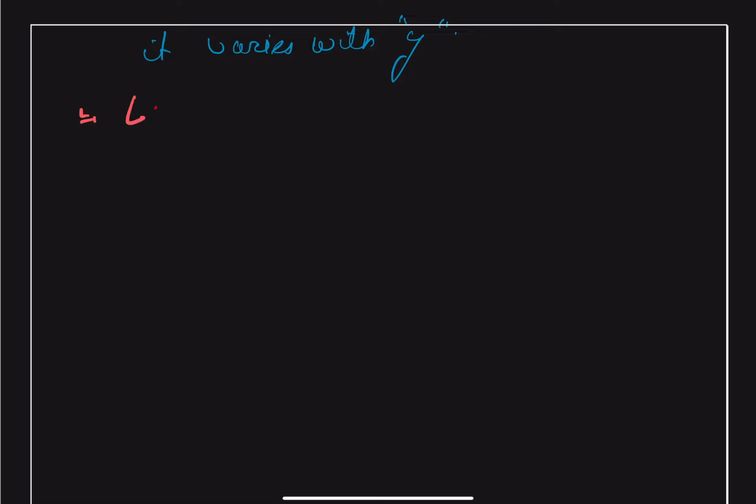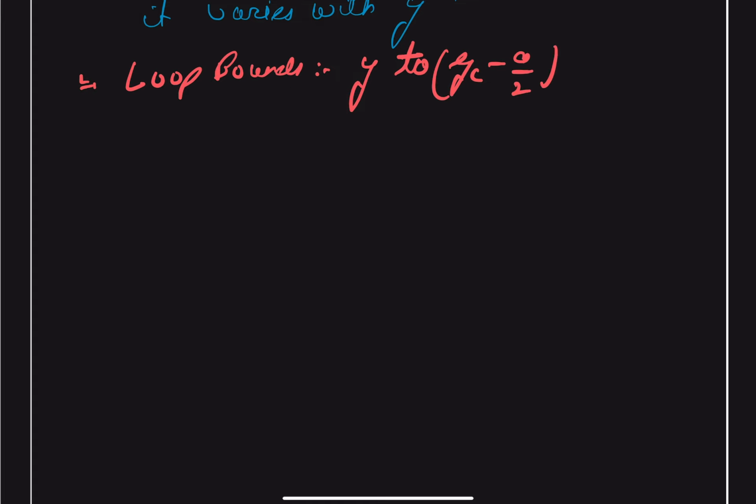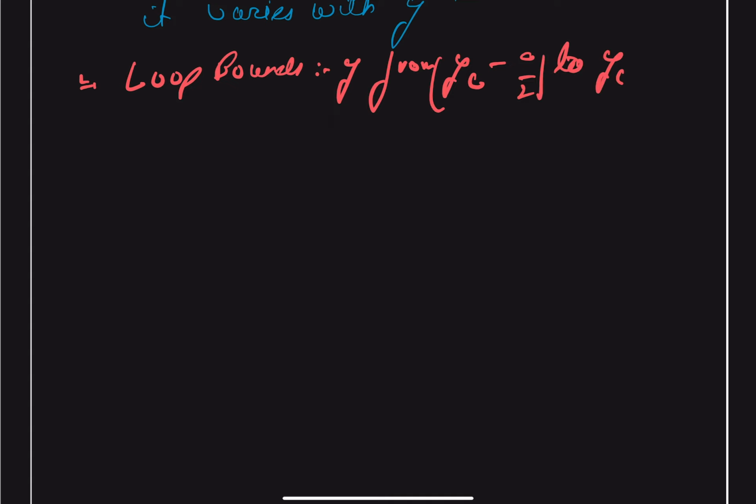So therefore, we can find out the bounds of the loop. For our loop bounds, we have y from yc minus a by 2 to yc plus a by 2.